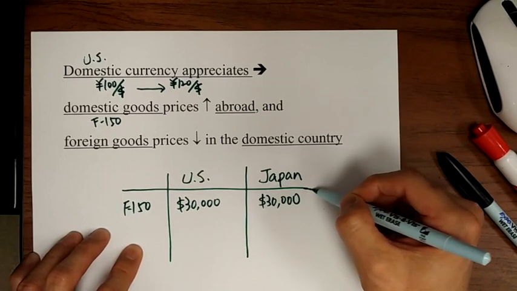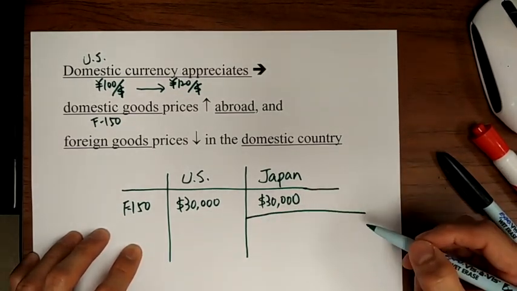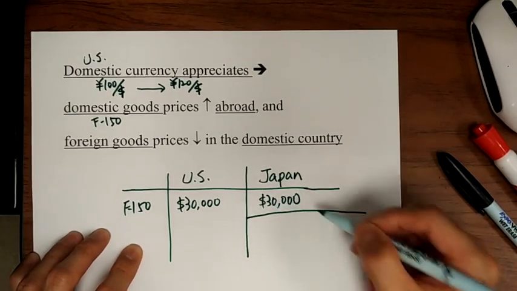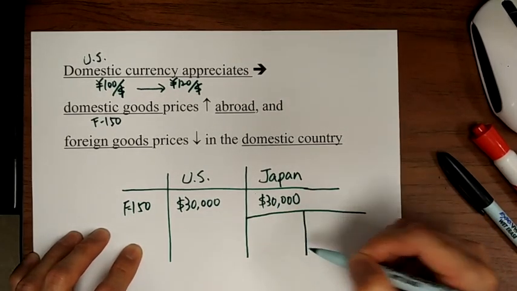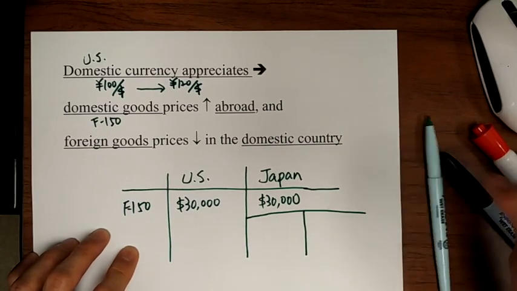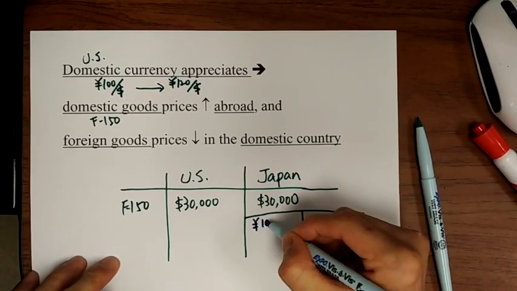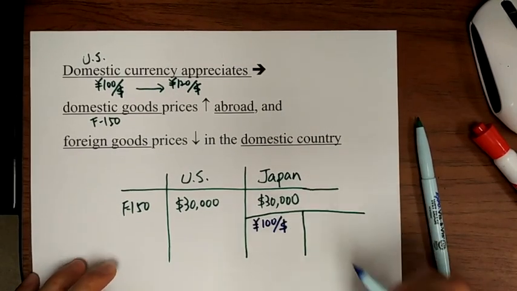But Japanese do not have dollars. They have to buy $30,000 to buy this F-150. Now, originally, the exchange rate is 100 yens per dollar.